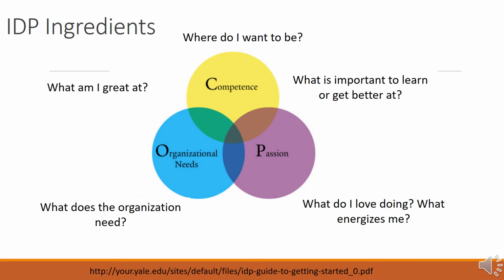So, within the context of an employee who is working maybe in the social work realm, their passion may be to really help individuals. What they're really great at is creating a safe space for their clients to really share their issues, and to make progress. Where they want to be is maybe a licensed clinician.